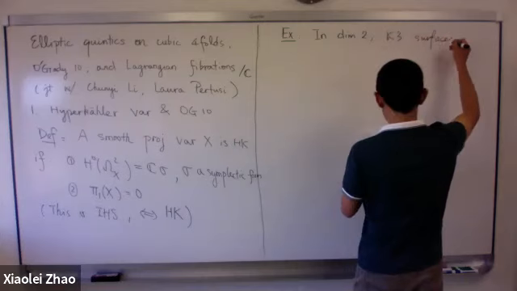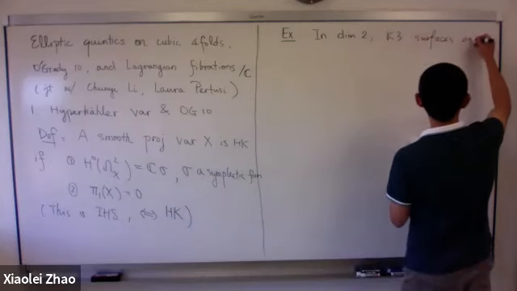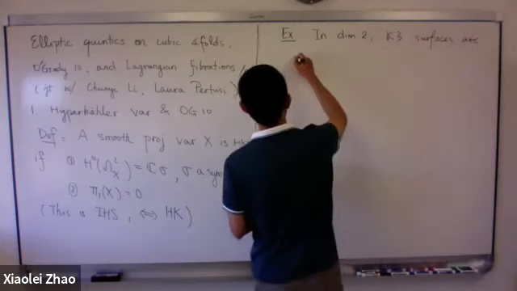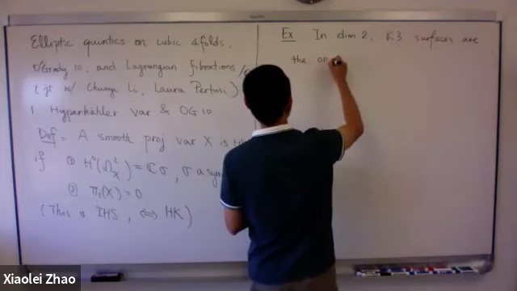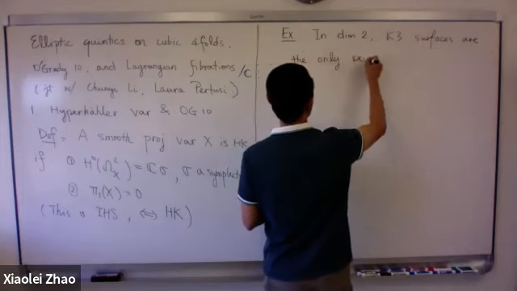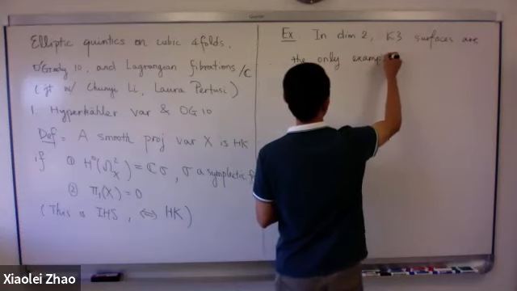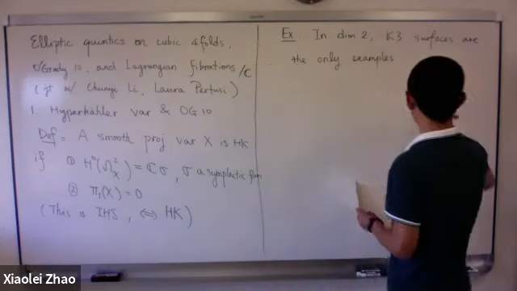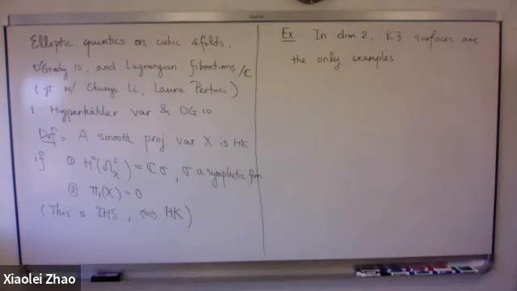K3 surfaces are the only examples. You have abelian surfaces, which are also K-trivial, but the fundamental group is not trivial. So this is the starting point.